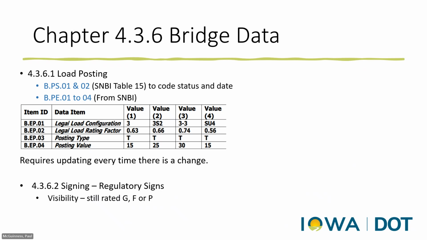Then the posting value is the value that is on the sign for that limit. So here, shown with the silhouette posting, there is a different posting limit for each type of vehicle. And every time there is a change in the load rating or posting, these items need to be updated.